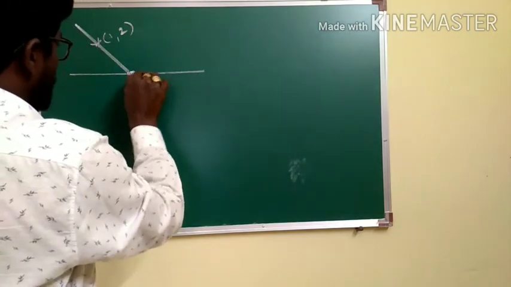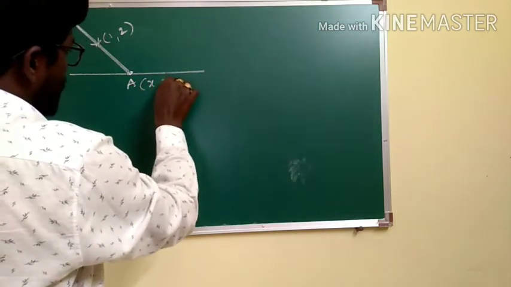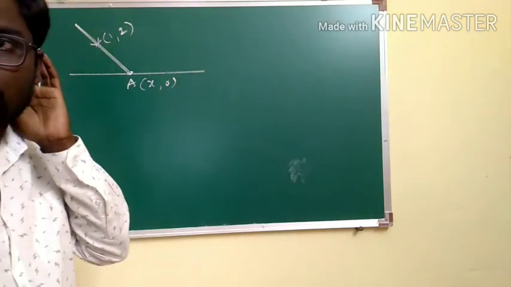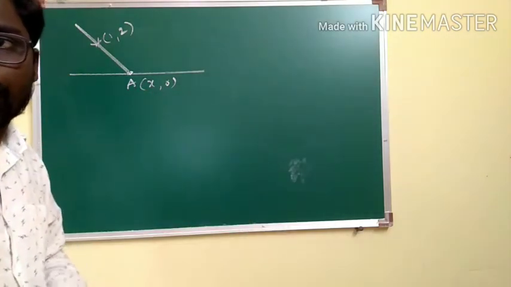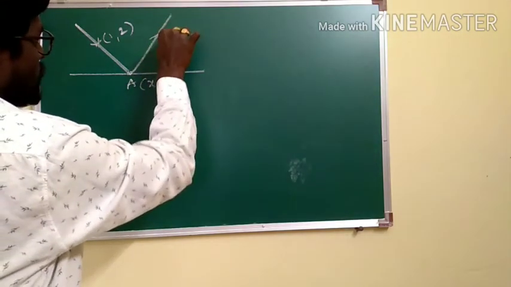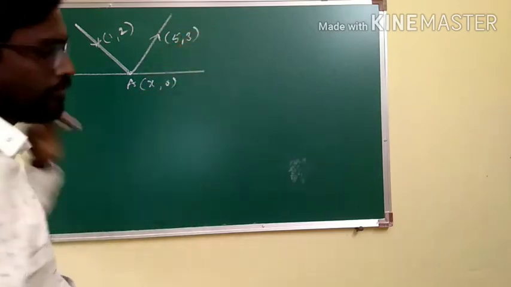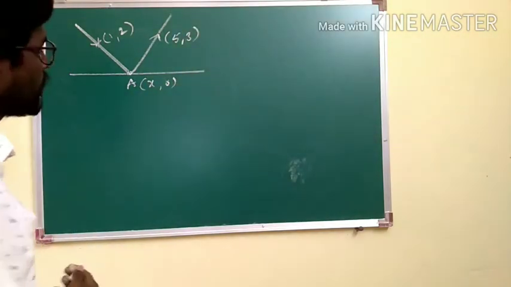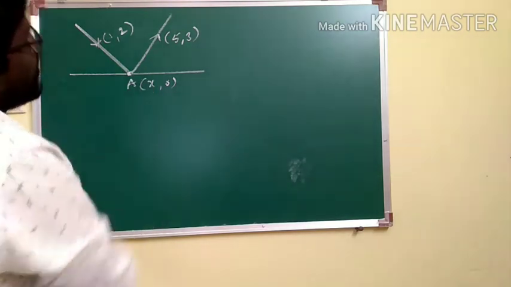Therefore, I am taking the point as x comma 0, and then passes through the point 5 comma 3. Find the coordinates of the point A. Means these particular coordinates are required.